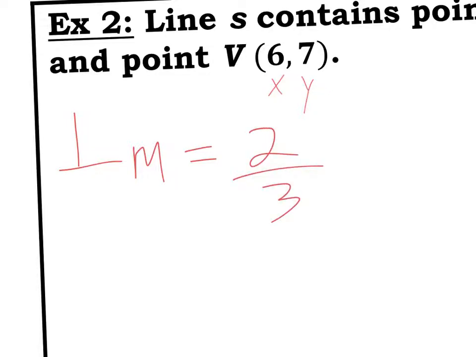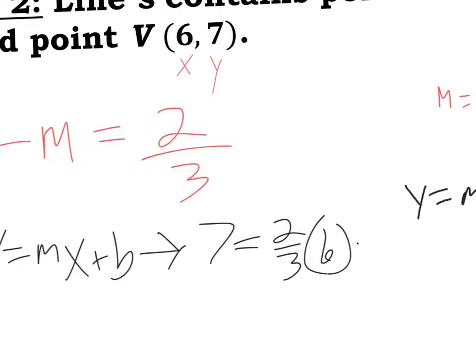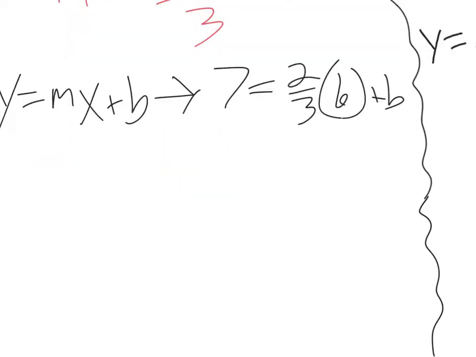Okay? So now I do the y equals mx plus b, and I say that y is 7 equals, m is 2 over 3, x would be 6, and then plus b. So 2 over 3 times 6, if you multiply the tops, that would be 12 over 3, that's 4.